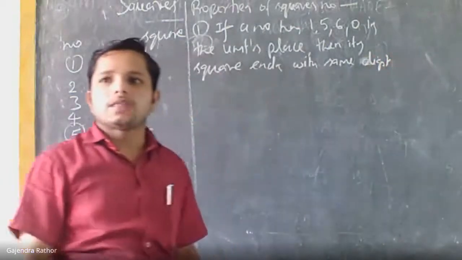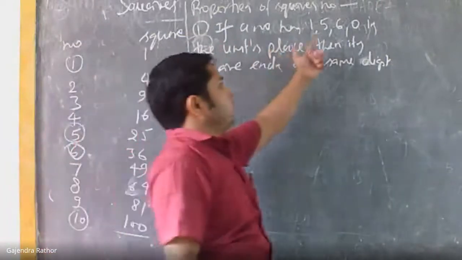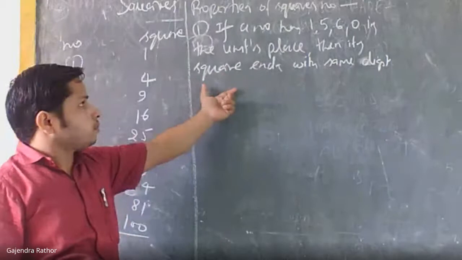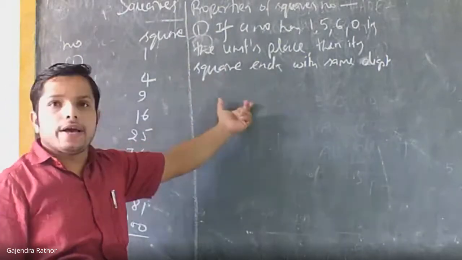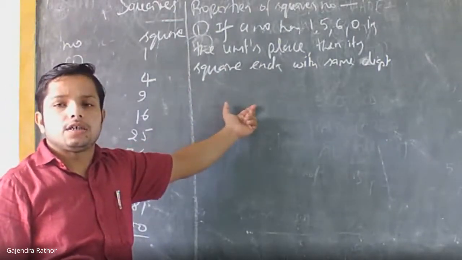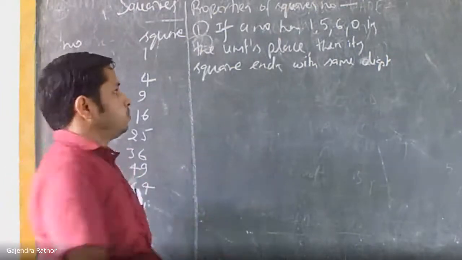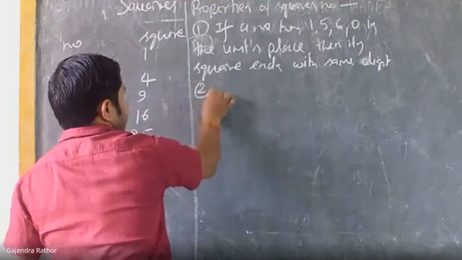Okay, so this is our first property. If 1, 5, 6 or 0 is the unit place, then its square ends with the same digit, meaning 1, 5, 6 or 0. Now the second property.